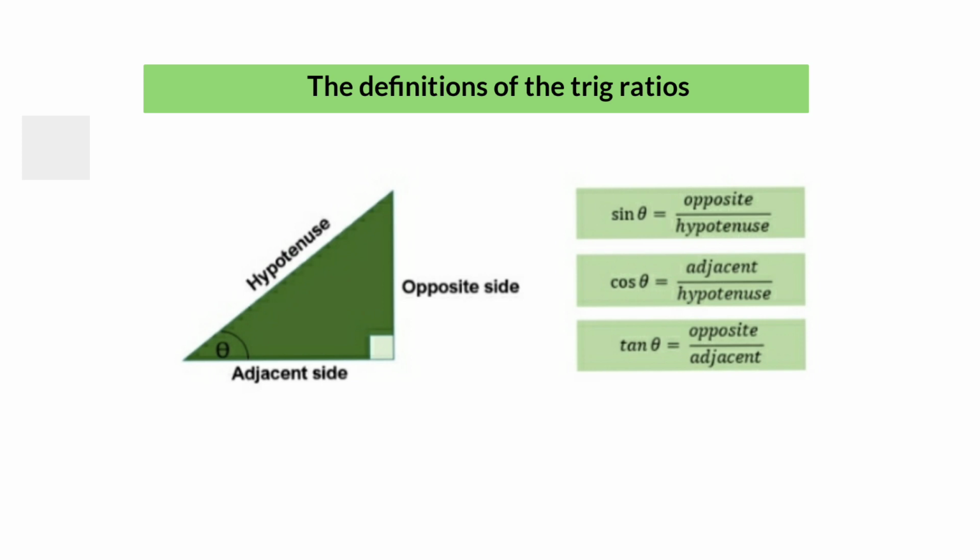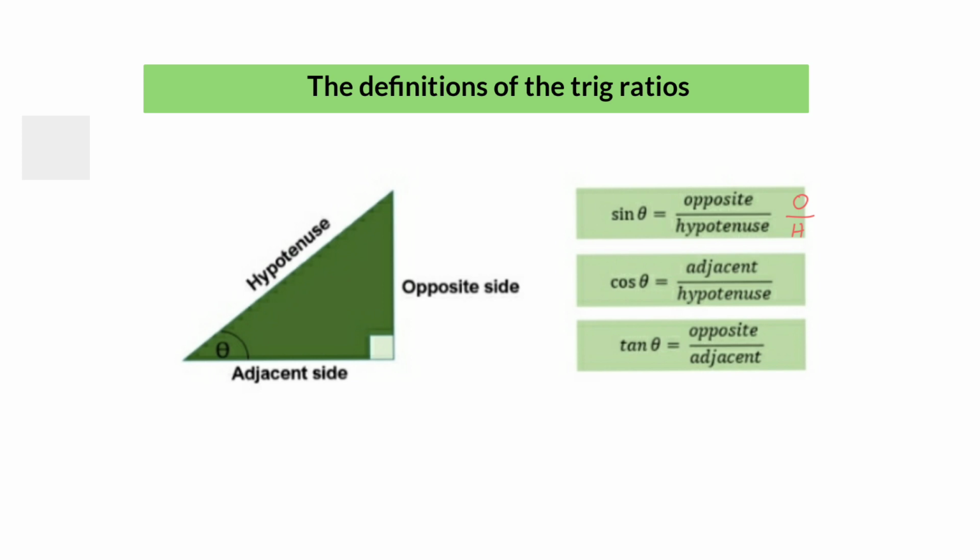This is only an abbreviation for the word sine theta. So we can abbreviate opposite with an O, and we can abbreviate hypotenuse with an H. So this is O over H. So sine's ratio refers to the opposite side over the hypotenuse side. The ratio of cos theta, we always write cos theta. We never have the word cos on its own.